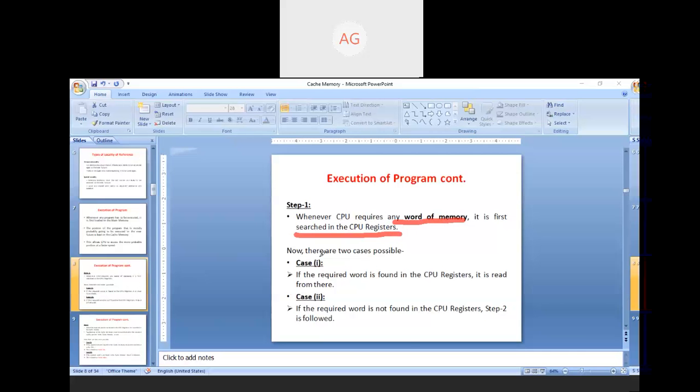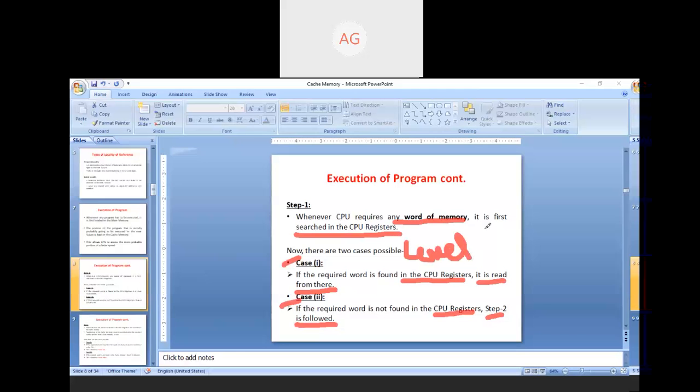Now there are two cases possible. Either the word is present in the register or it is not. In case 1, if the required word is found in the CPU register, it is read from there. The second possibility is that the required word is not found in the CPU register, then step 2 is followed. At level 0 the CPU registers are there.